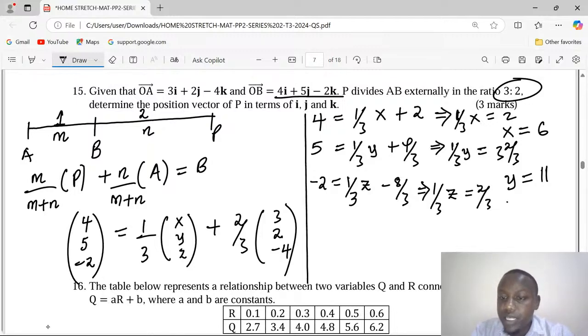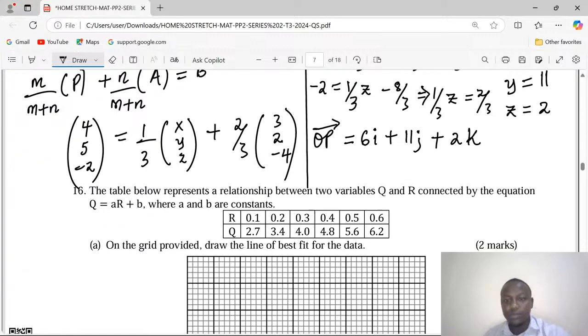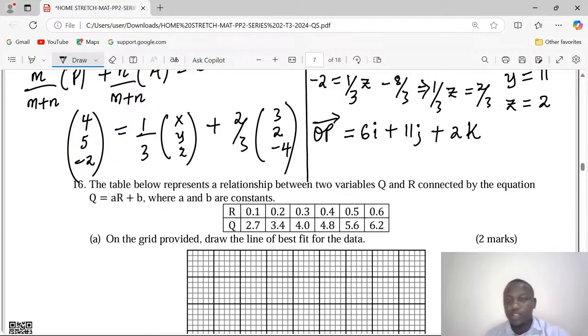Then the value of z will be equivalent to 2. And so the vector p will be given by 6i plus 11j plus 2k. So that is how we use the ratio theorem to determine the coordinates of unknown vectors.